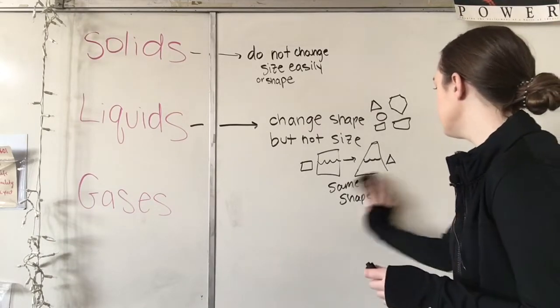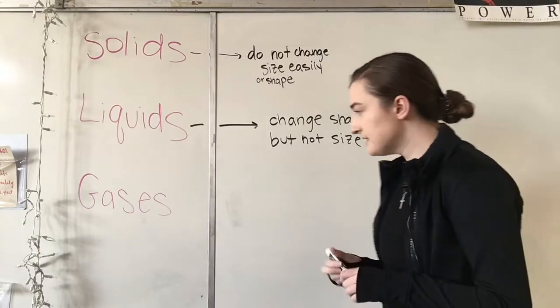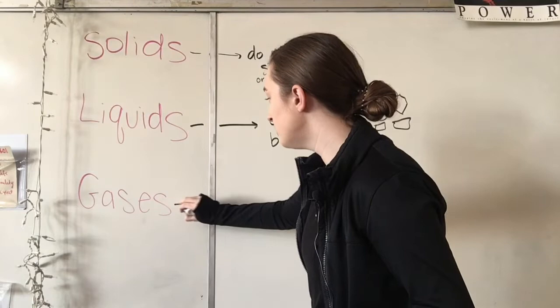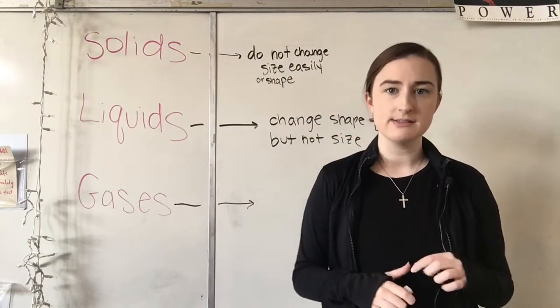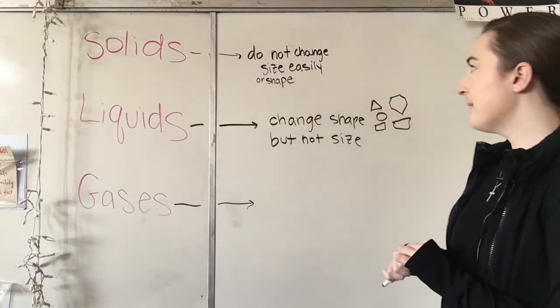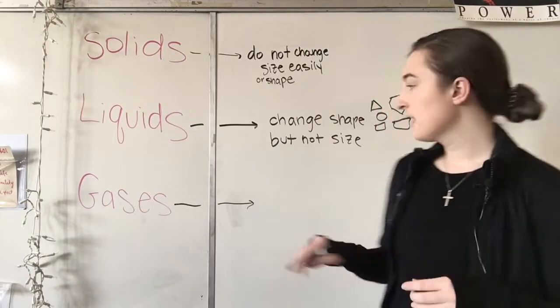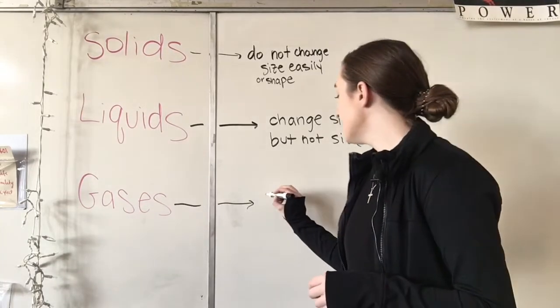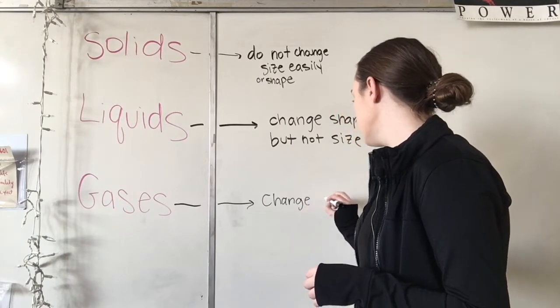Okay, let's move on to gases. So gases are a little different, and they're a little harder because you can't see gases. So when we're talking about gases, we have to use our imagination a little bit more. Gases change shape and size.